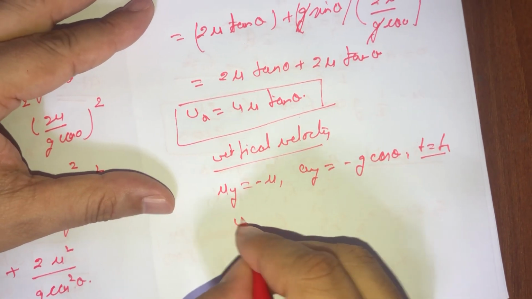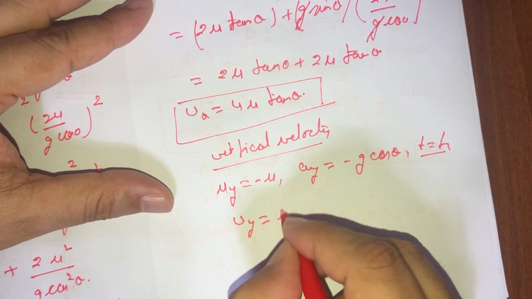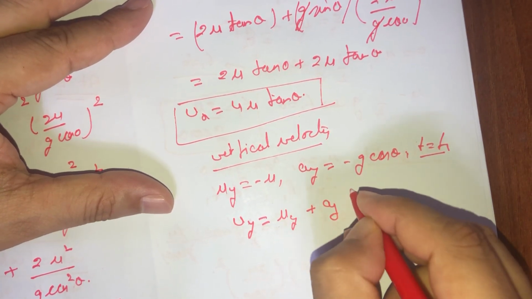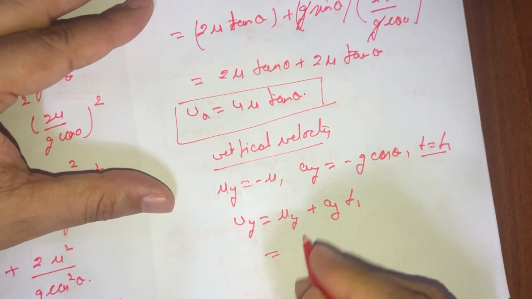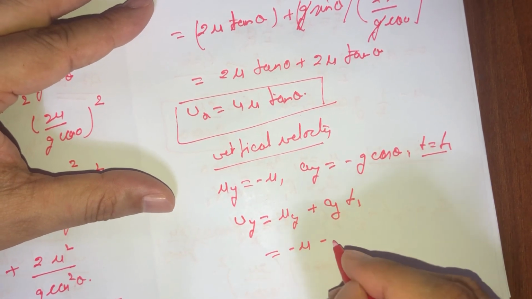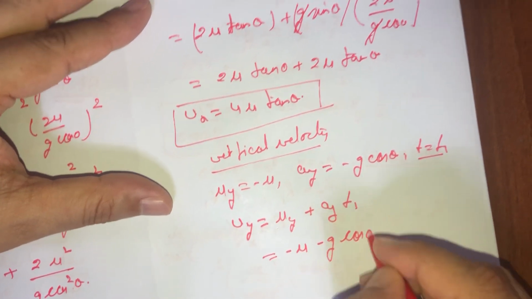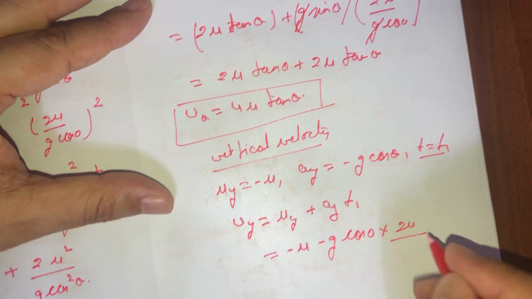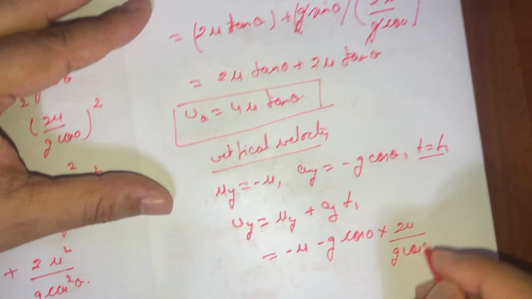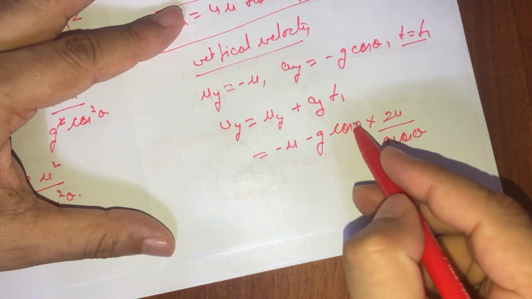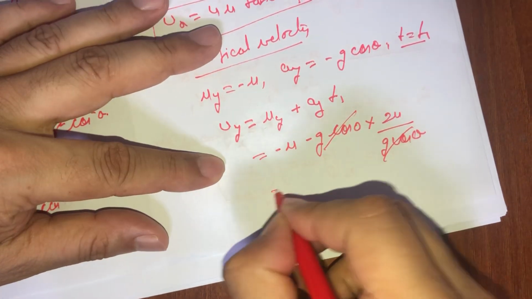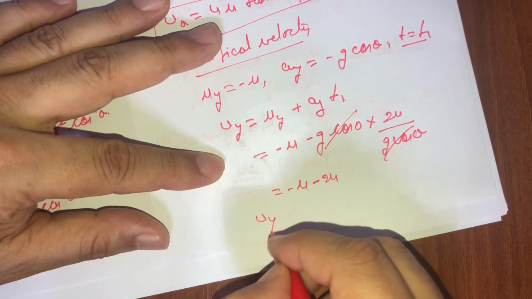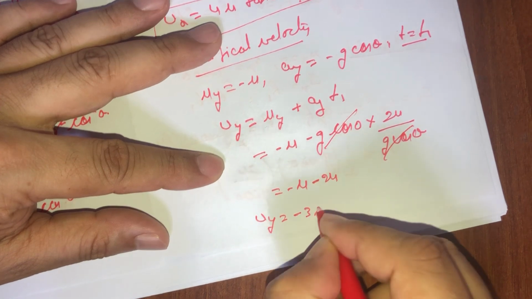So v of y is equal to u of y plus a of y t1. This is minus u minus g cos theta multiplied by t1, and t1 is given as 2u over g cos theta. So they cancel out, and we are left with minus u minus 2u, so v of y is equal to minus 3u.